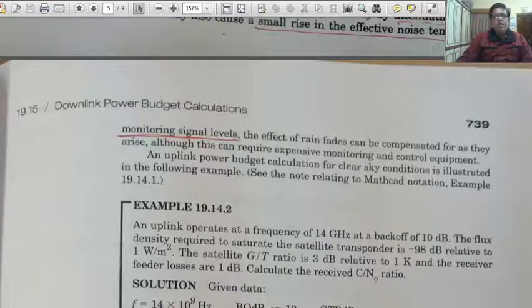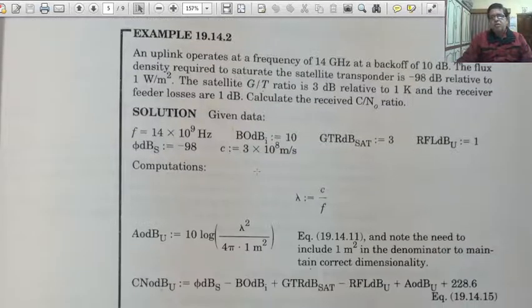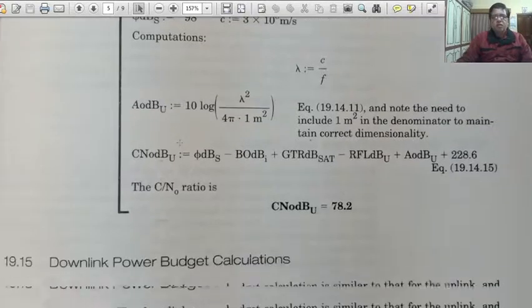By monitoring signal levels, the effect of rain fades can be compensated for as they arise, although this can require expensive monitoring and control activities. This is again an example given in MathCAD notations. So you just see this only for numerical calculations.